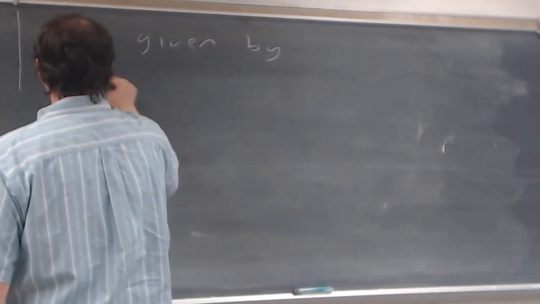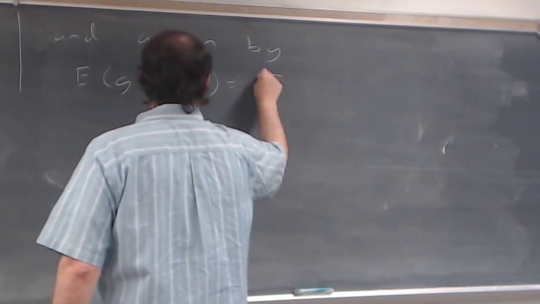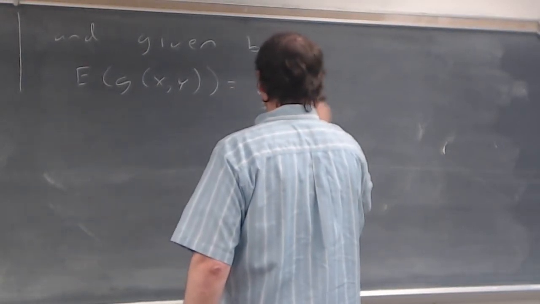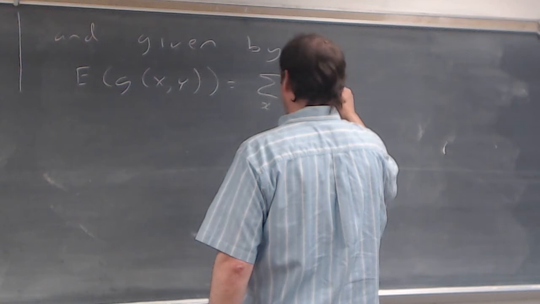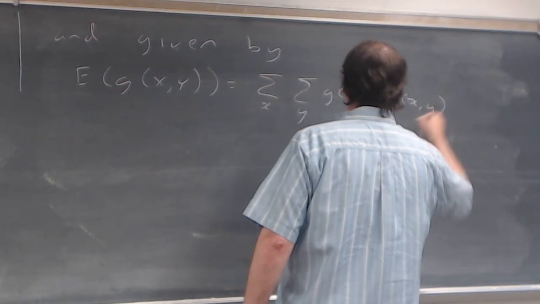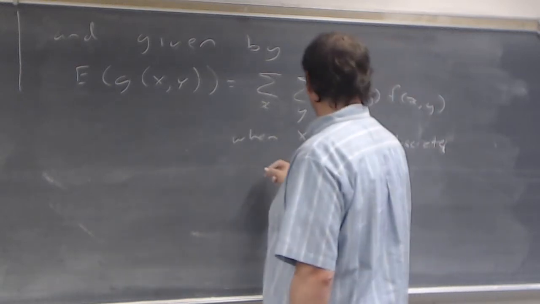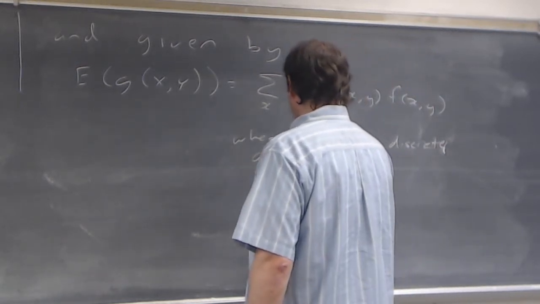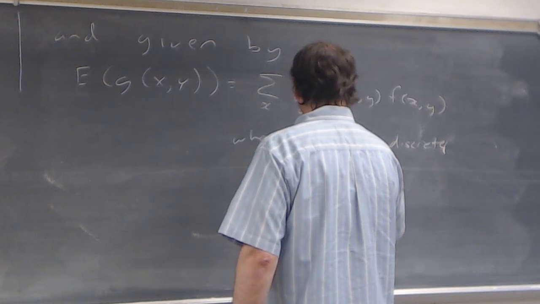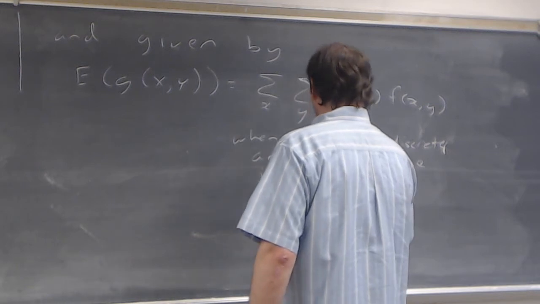So here the expected value of g of x comma y is equal to the sum over the x values, sum over the y values, of g of little x comma y, times f of x comma y, when x, y are discrete, and f of x comma y is the joint PMF.